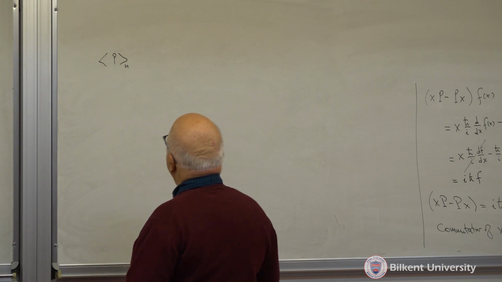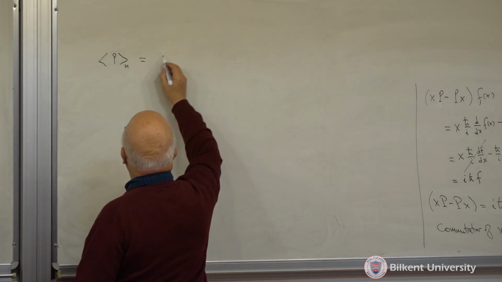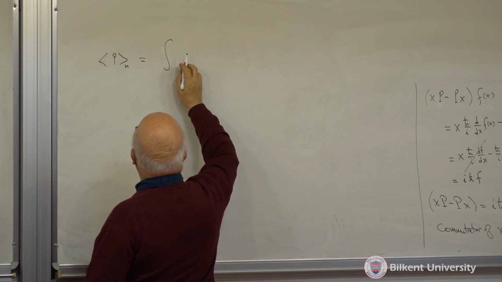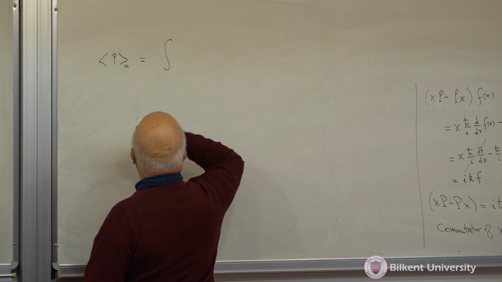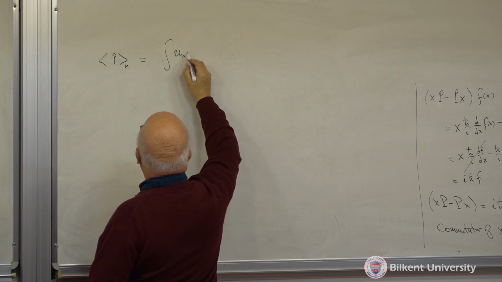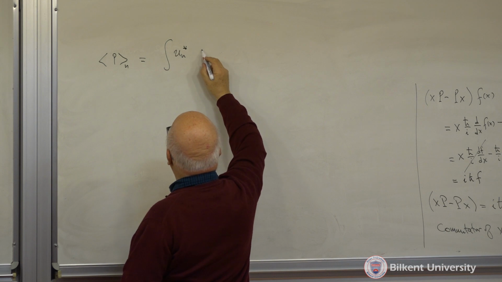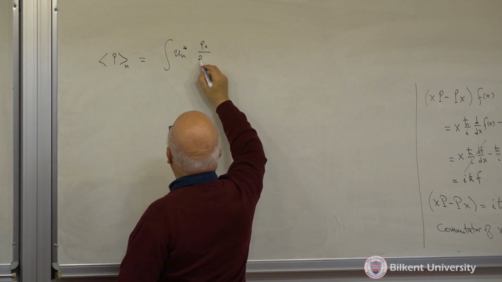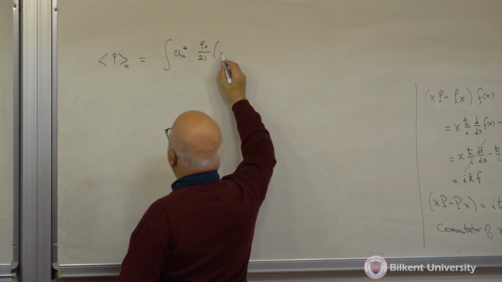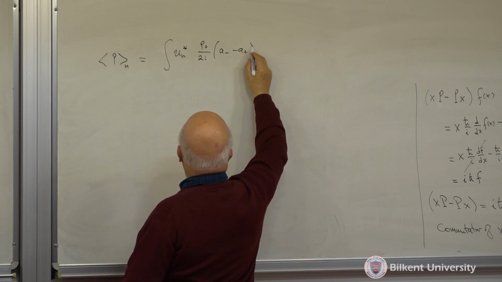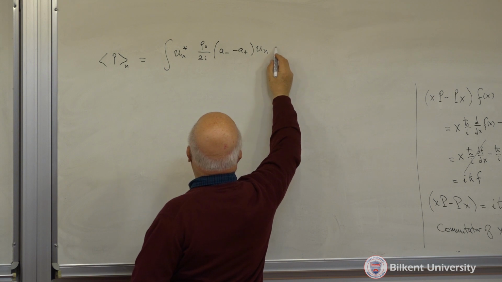Okay, so that is going to be equal to the integral of un star, and the P operator was, remember, P0 over 2i (a minus a plus) un dx.